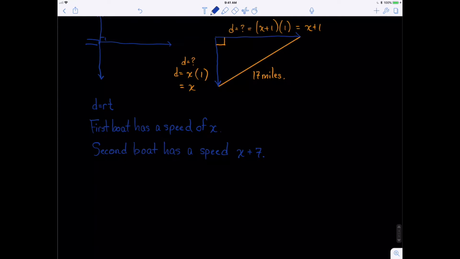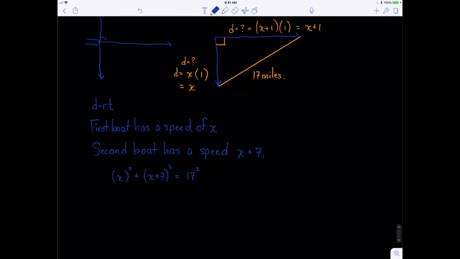So one of my sides is x, and I have to square it. The other side is x plus 7, and we need to square that as well. Equals, and then the distance is 17, and we need to square that as well.